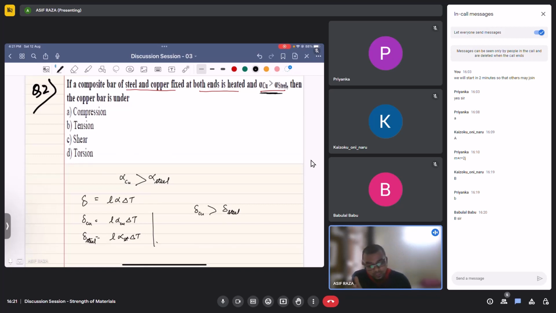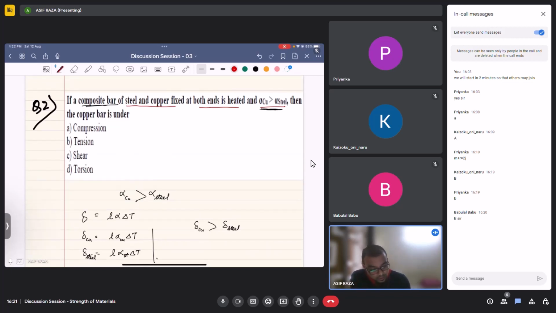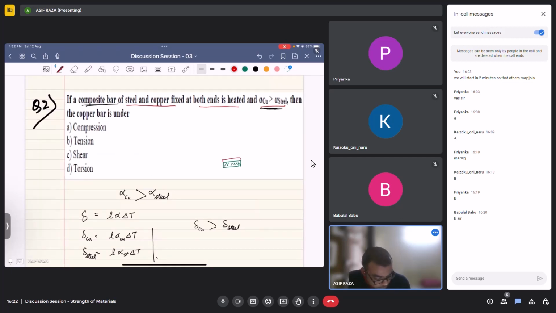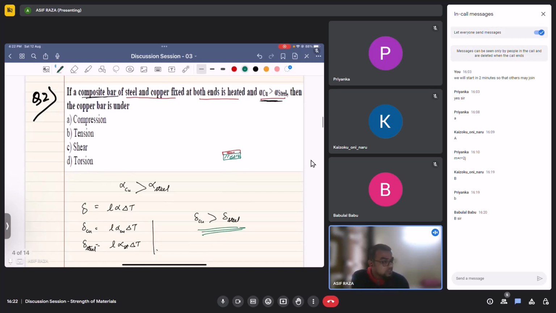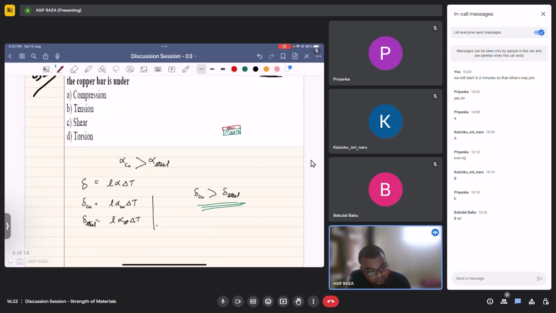But since it's a composite bar, let me draw it this way: suppose this is steel and this is copper. So the normal tendency would be that copper will expand more as compared to steel.